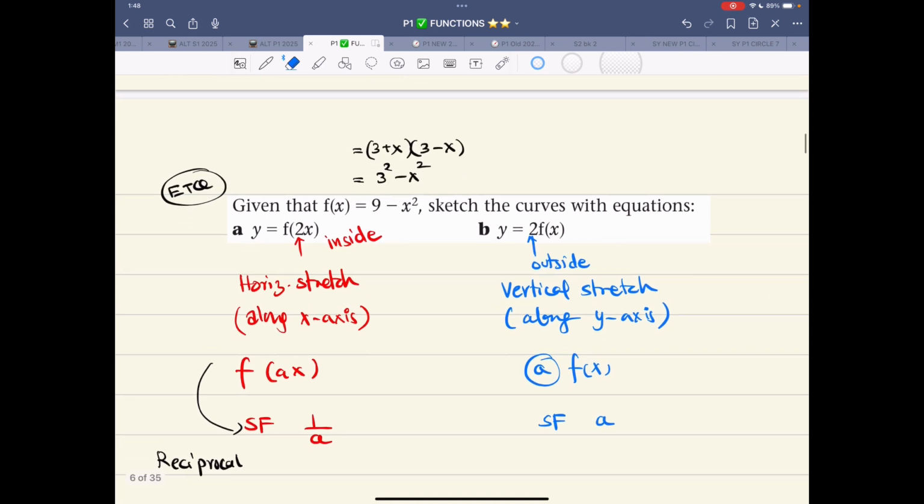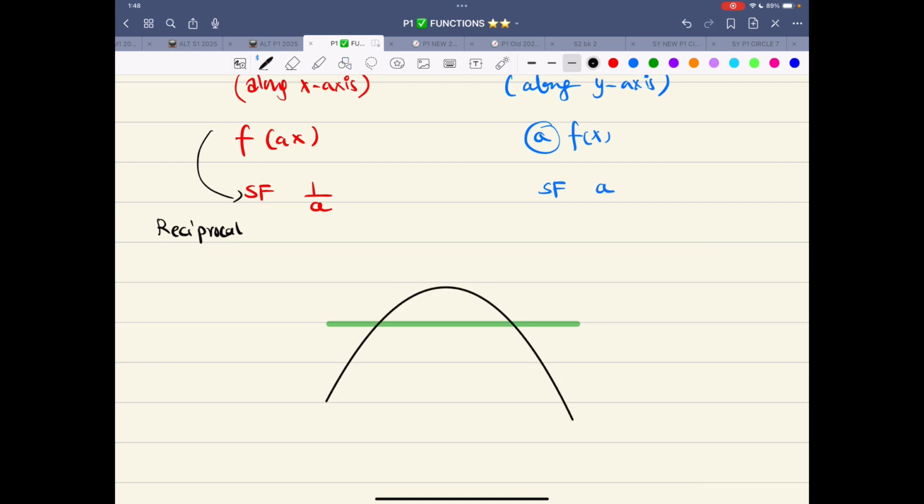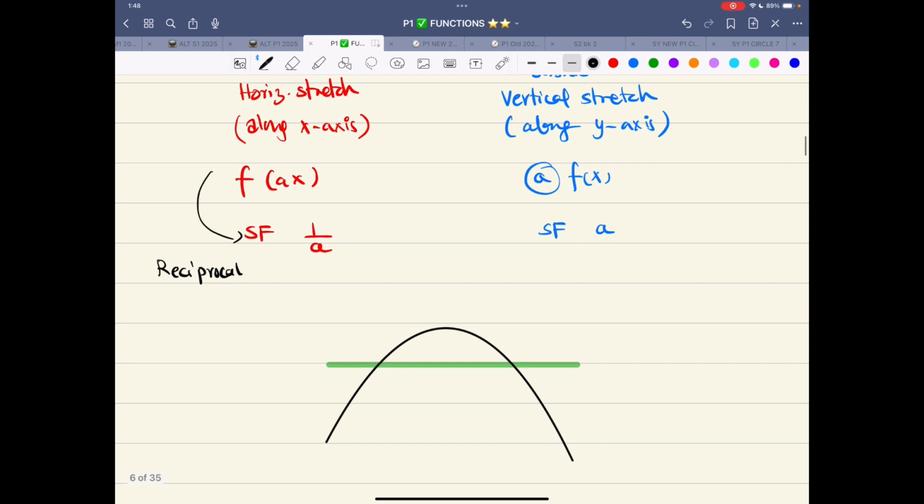Now when we are talking about (3 plus x) and (3 minus x), if I want to sketch it, the sketch will be a quadratic which is upside down. Why is it upside down? Because the coefficient of x square is negative. I can also sketch it like this. F(x) is negative x square plus 9. Draw negative x square like this. Let me draw it a bit better and then shift it up by 9 units.